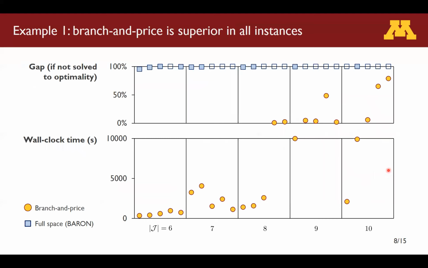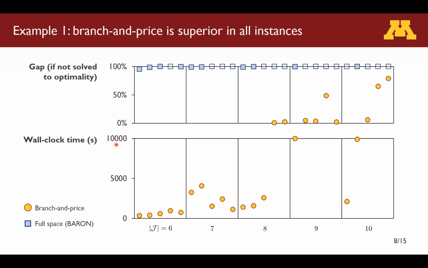We considered 25 instances, and for each instance we compare the performance of the proposed branch and price algorithm, where we use Baron to solve the pricing problems, with directly solving the full space original problem with Baron. These are distinguished by the circle and square markers here. For each case, we either show the wall clock time in this bottom plot, if it's solved to optimality within the time limit of 10,000 seconds.